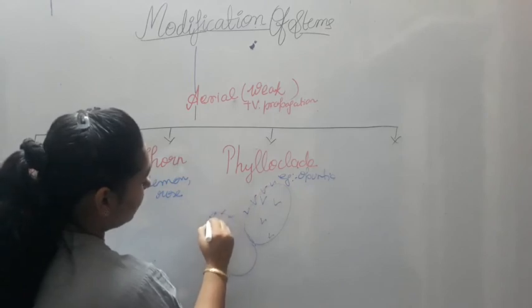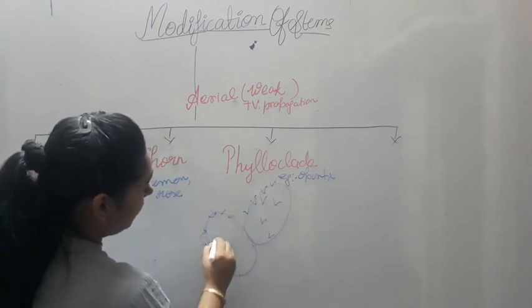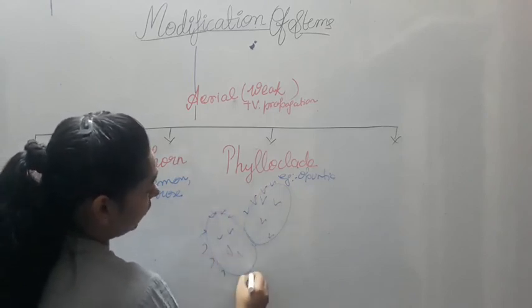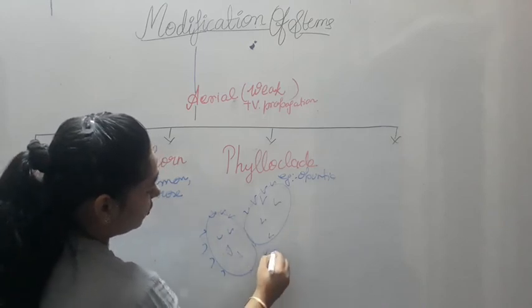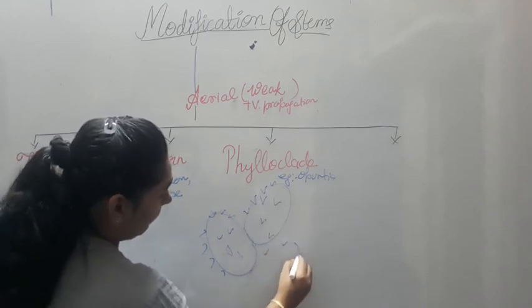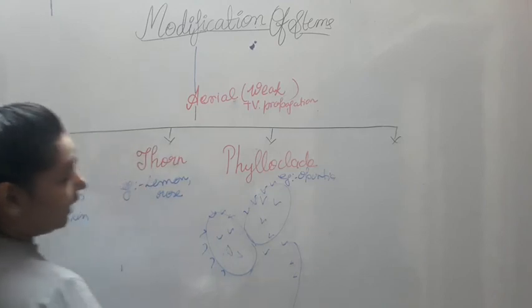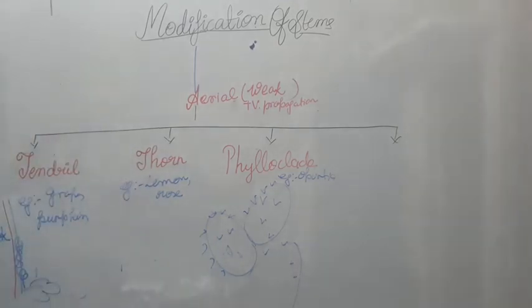So this is actually a modified stem which gets developed to survive in a much better way and to reduce the loss of water. It stores the water in itself so that it can survive better when there is scarcity or a very small amount of water is present, for example in the desert areas, right?